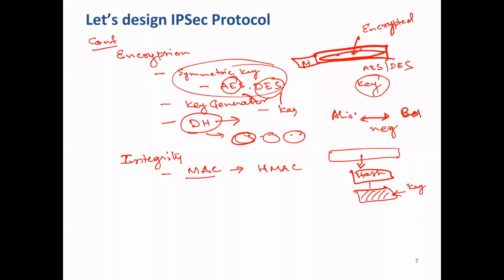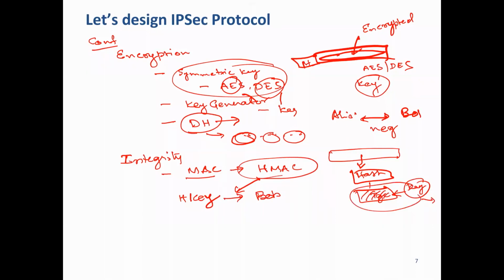So this is the code or tag that goes to the other end, and the same key is available to the other end, and Bob also uses that key and then verifies. Now when you say HMAC, we also need a key. Let's call it the H key, and this H key has to be sent to Bob also. Bob should have the same key, right? Only then the MAC will work.